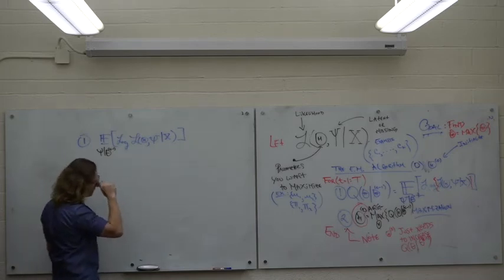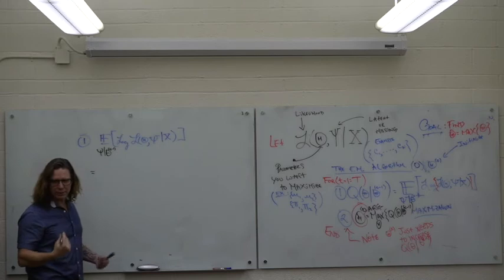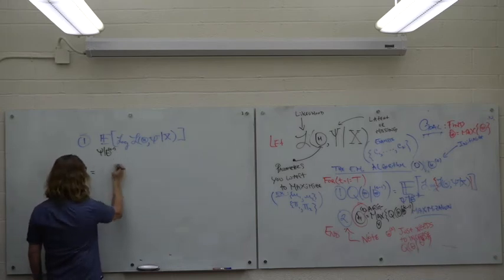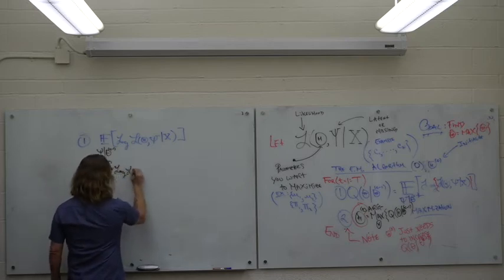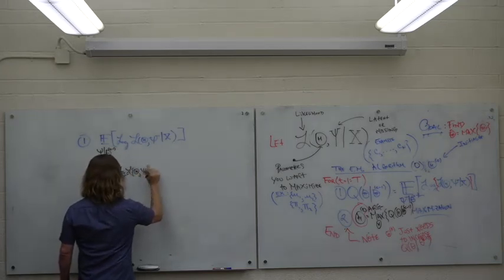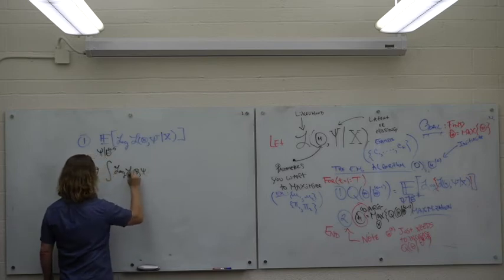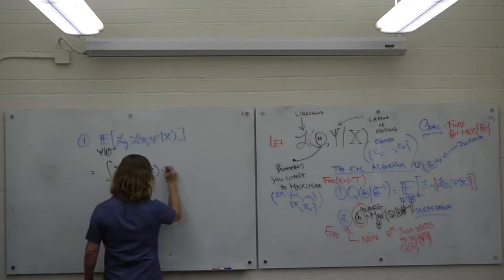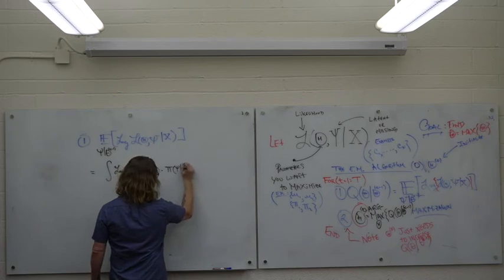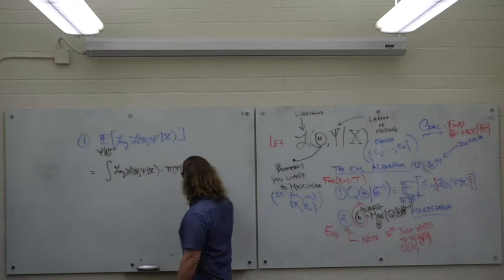So I'll just write down, in our case, it's a sum, but it's just going to be the integration in general, for the log likelihood function times this distribution. I want to talk about this just for a moment.